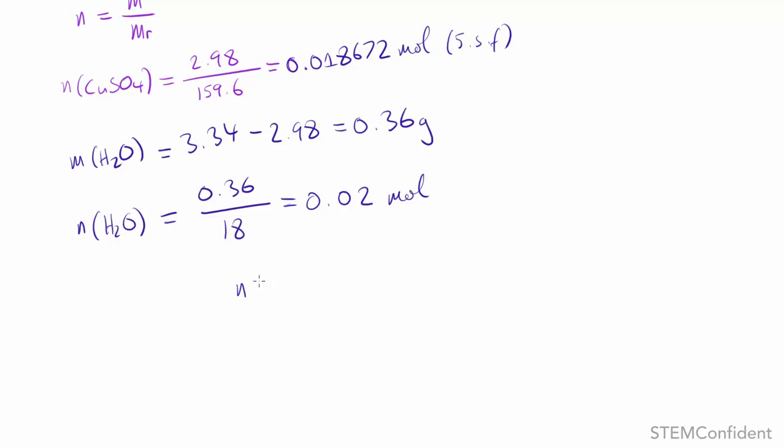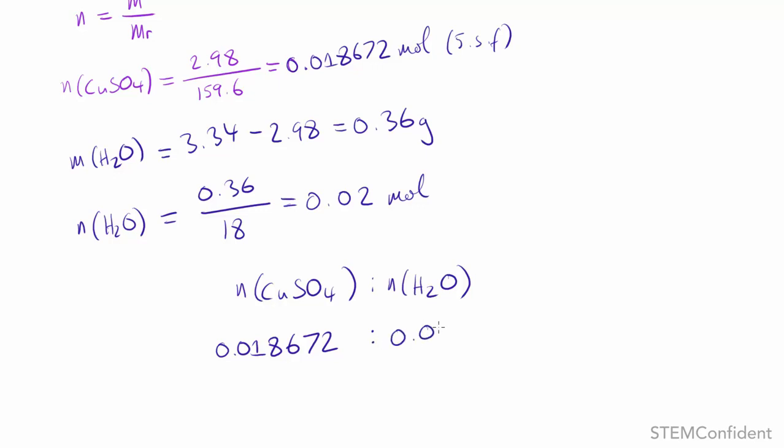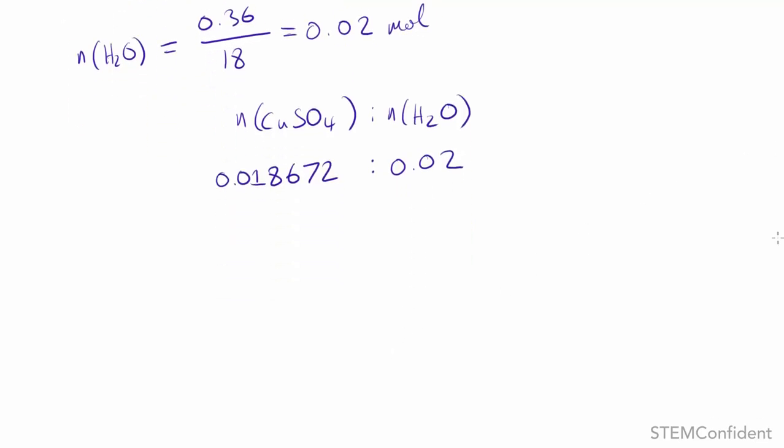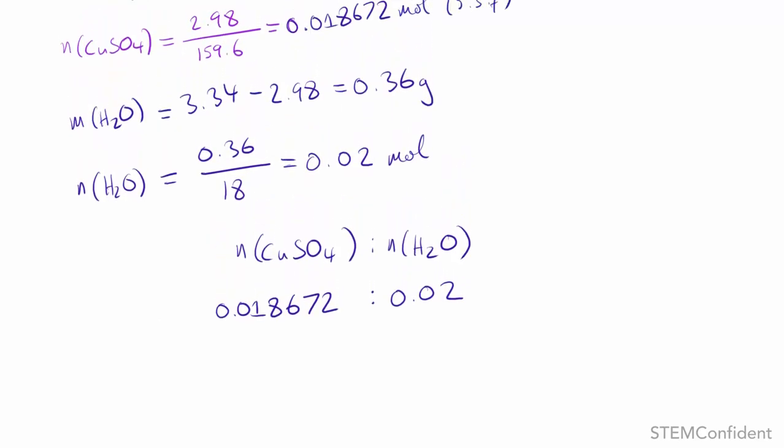So the number of moles of CuSO₄ as a ratio compared to the number of moles of H2O is effectively 0.01867 as a ratio compared to 0.02.